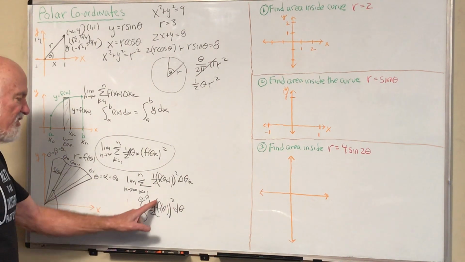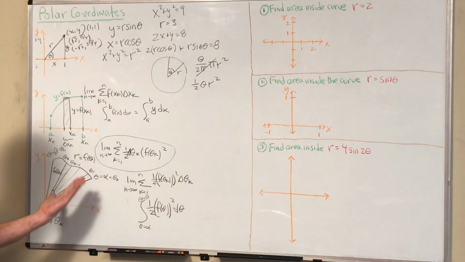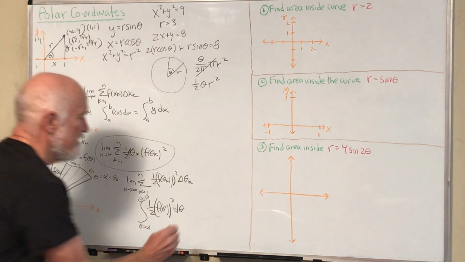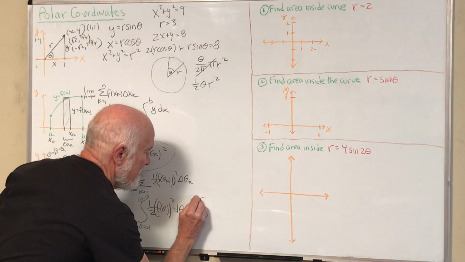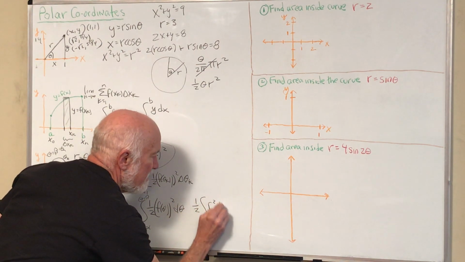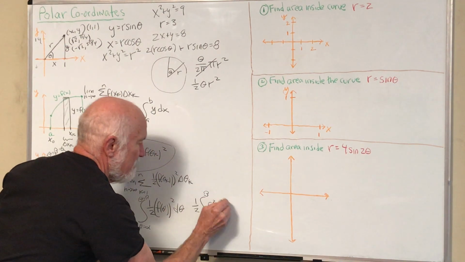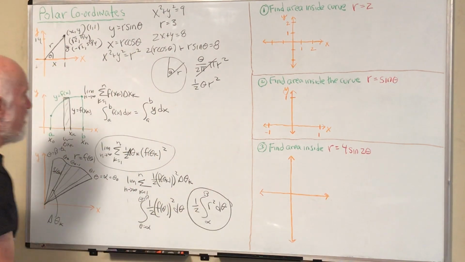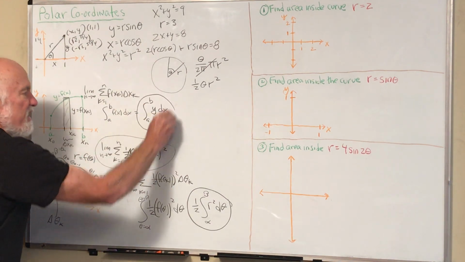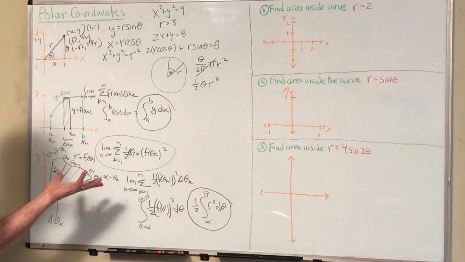And because f of theta makes it look a little more complicated and f of theta is r, normally you see it like this. And we can bring the 1/2 out front, r squared d theta. So this corresponds to this. So it really isn't that much different.